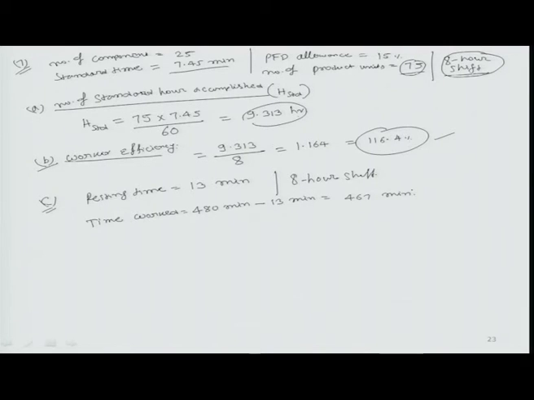So what will be the cycle time per piece? 467 minutes divided by how many parts have been produced? 75.